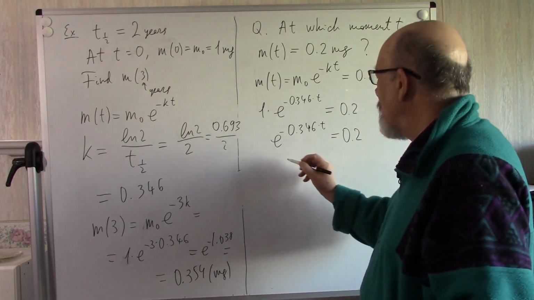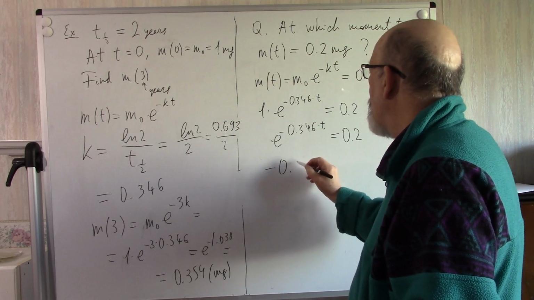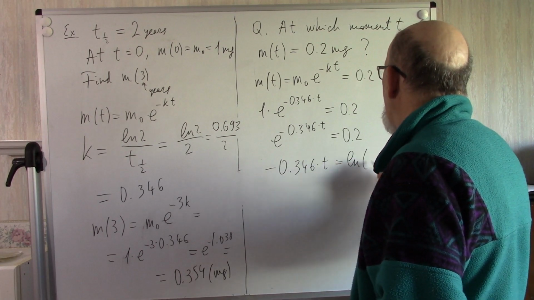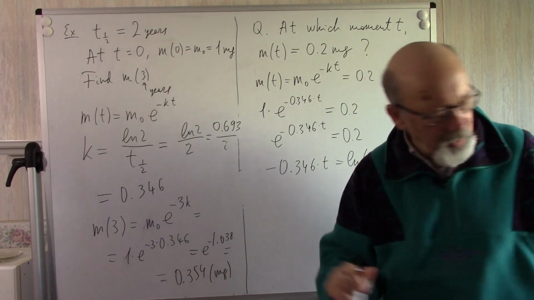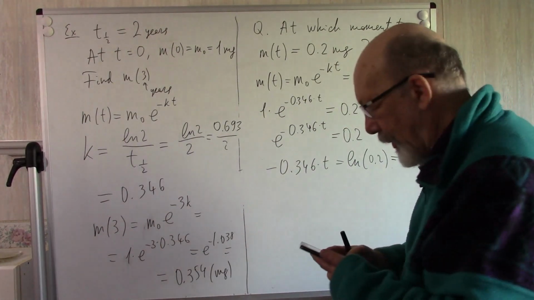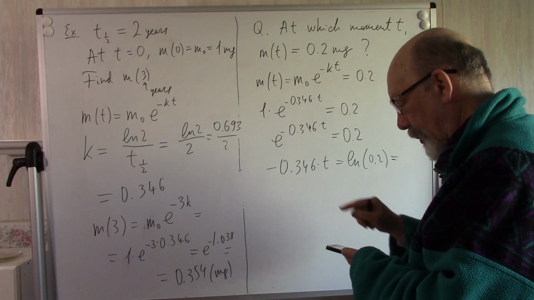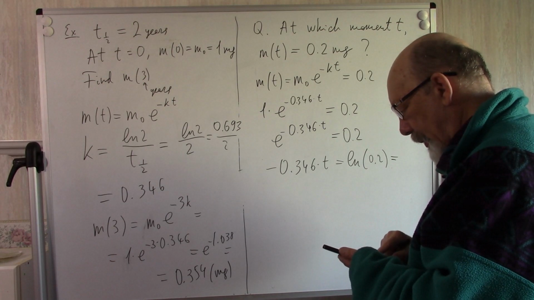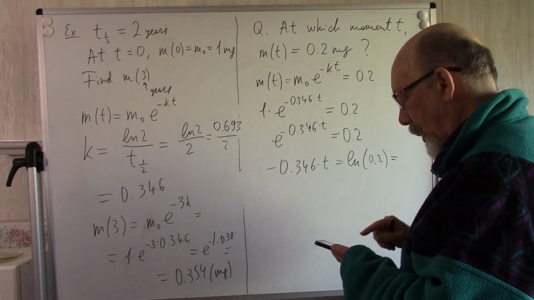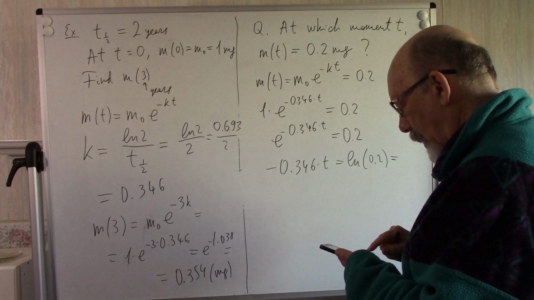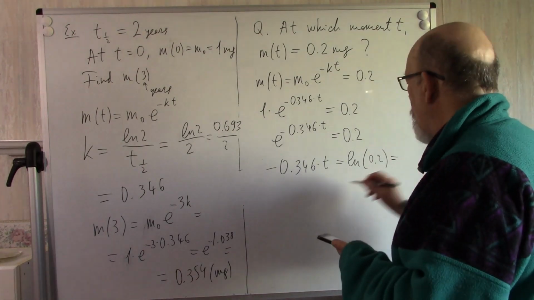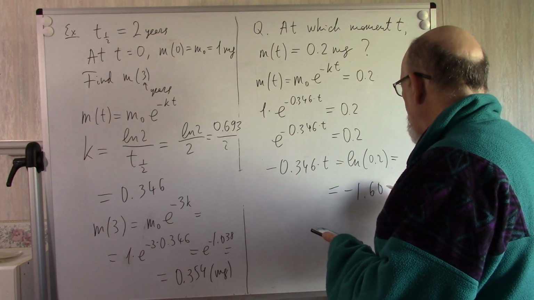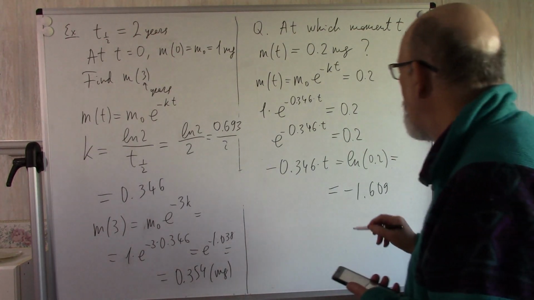Now let us take logarithm. Minus 0.346 times t equals logarithm of 0.2, which equals minus 1.609.